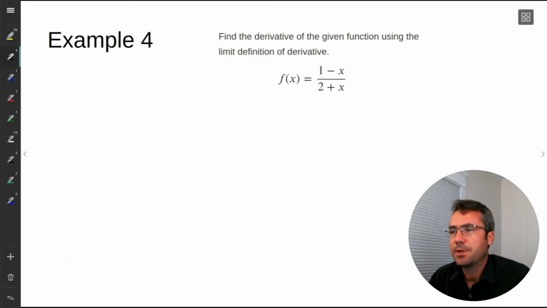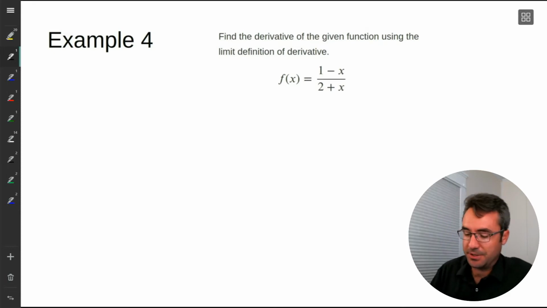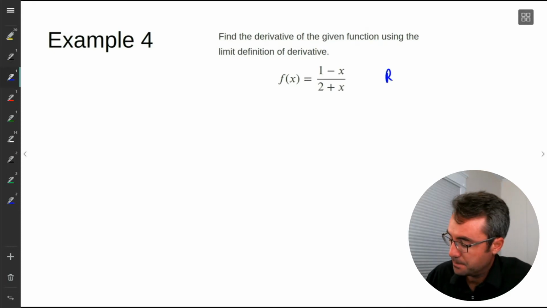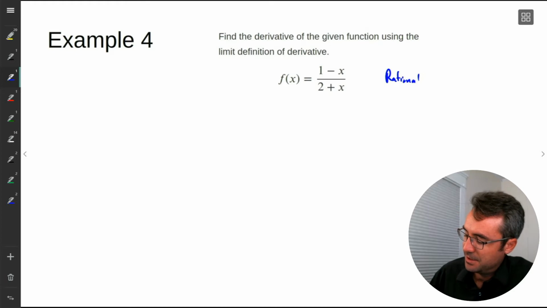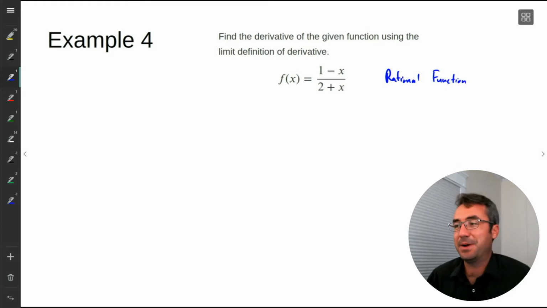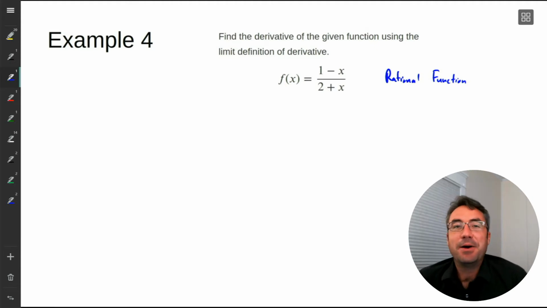Example 4. We want to find the derivative of this rational function. It's a polynomial divided by a polynomial. All right, and we're going to use the limit definition of derivative here.